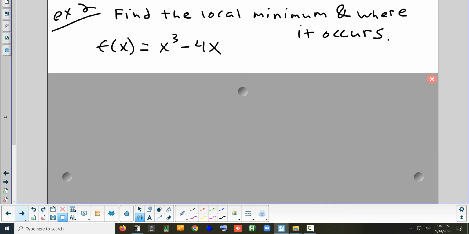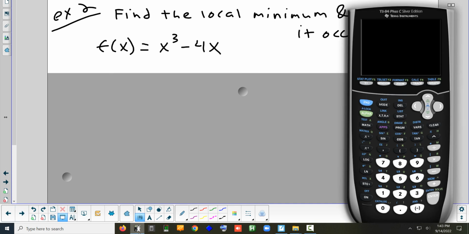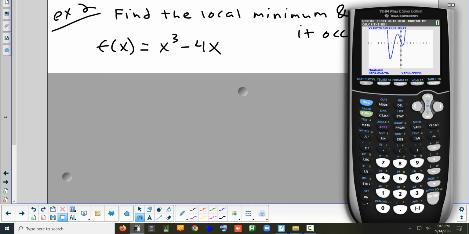All right, let's try finding minimum. We just did it on the last one, but practice it one more time. So x cubed minus 4x. You know what? I'll do the minimum. If someone else can do the maximum, that's the next question. I remember the min and max are symmetrical here.